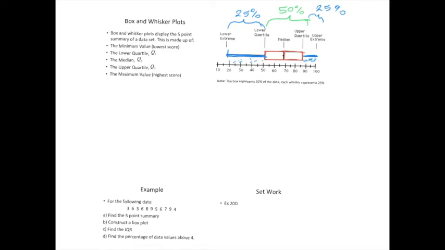Is that okay? Cool. Okay, now, girls, if I asked you approximately what value are 75% of the scores below, what would be your guess? Or where would you look to find the answer of that?